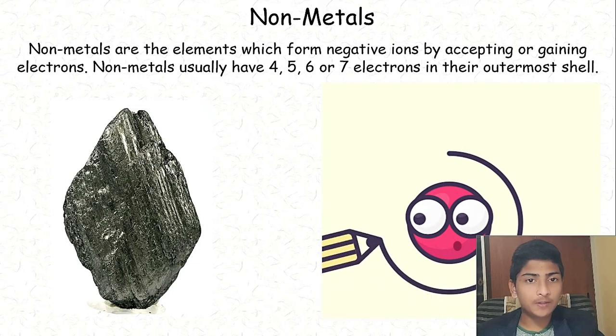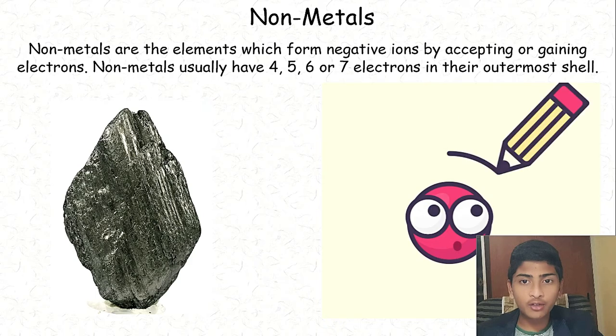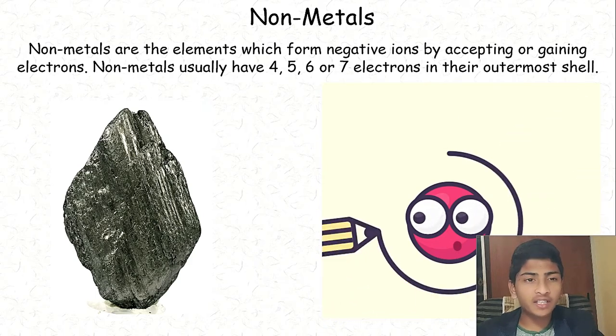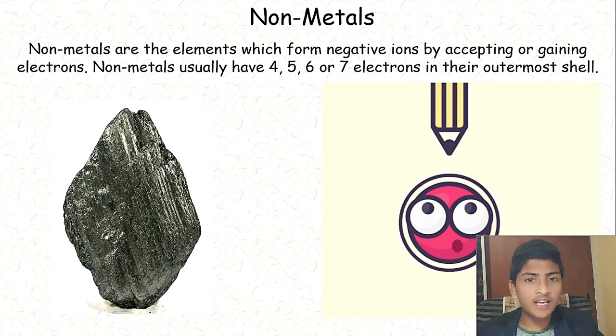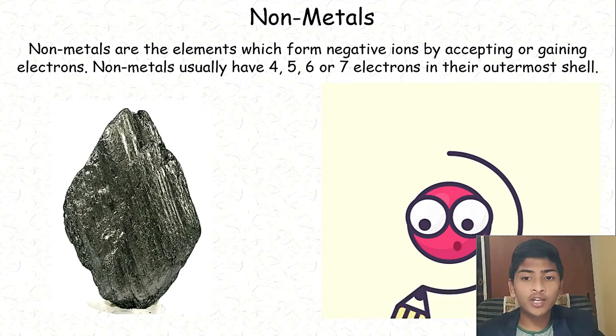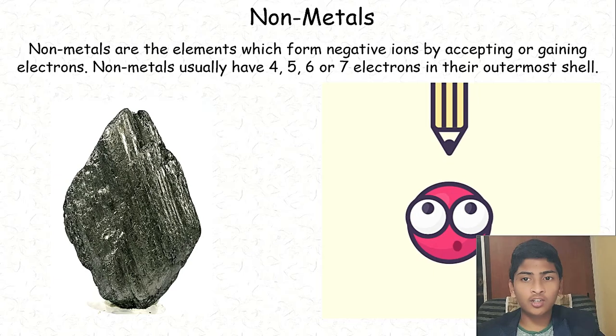Non-metals usually have 4, 5, 6 or 7 electrons in their outermost shell. The valence shell has 4 to 7 electrons.